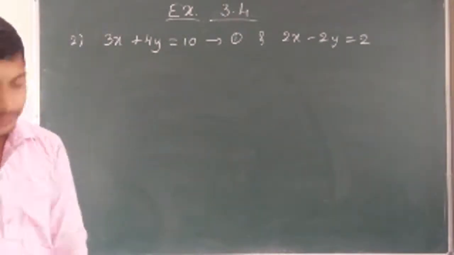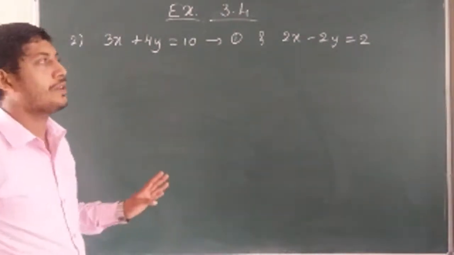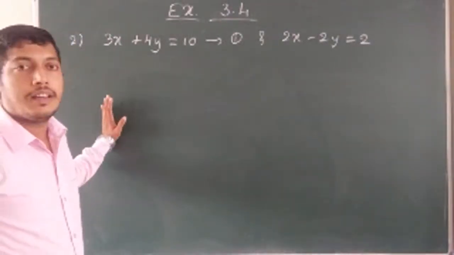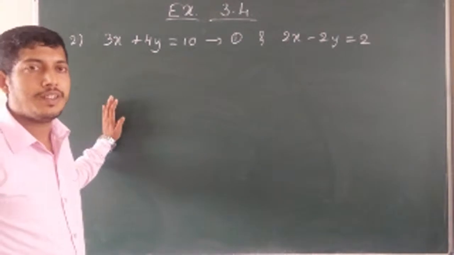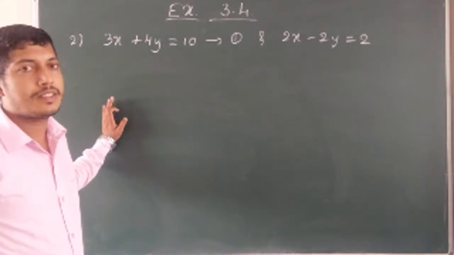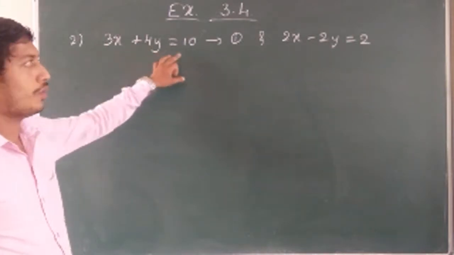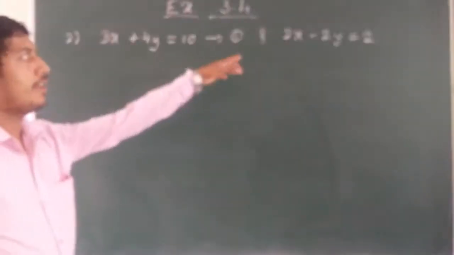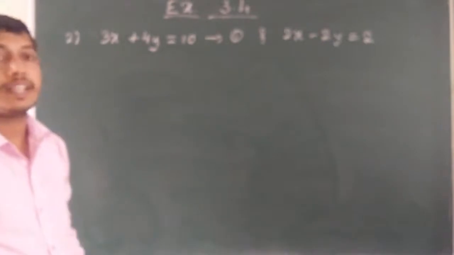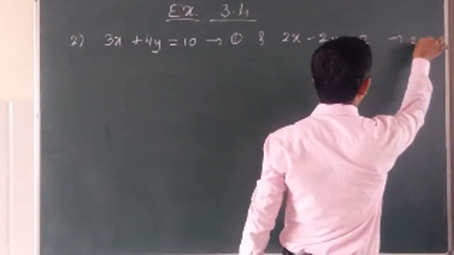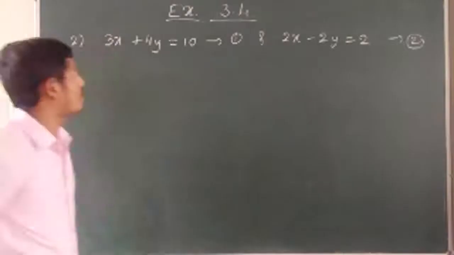Now we have to consider these two equations and we have to find out the answer by the elimination as well as the substitution method. Okay, it is 3x plus 4y equals 10, and the second equation is 2x minus 2y equals 2.